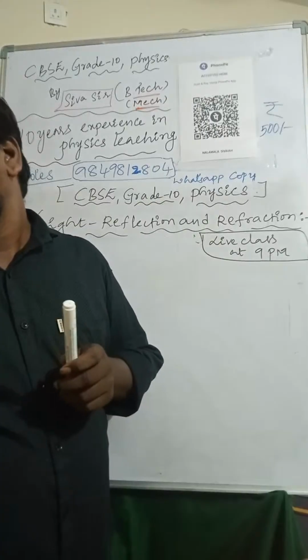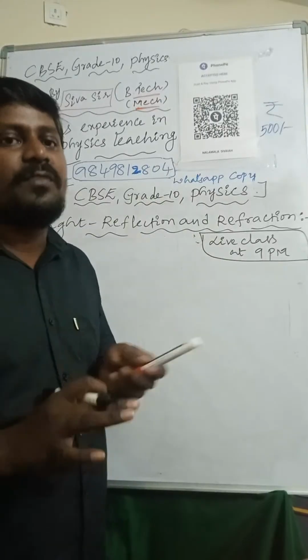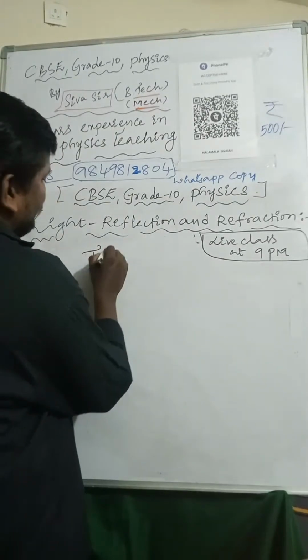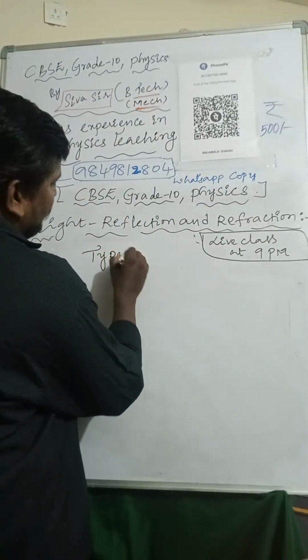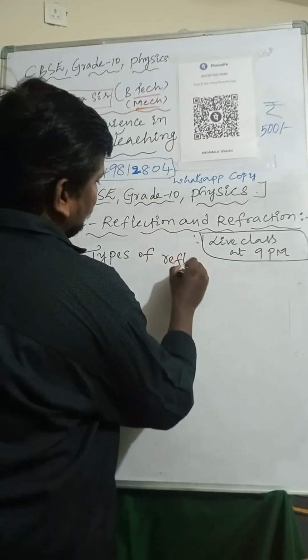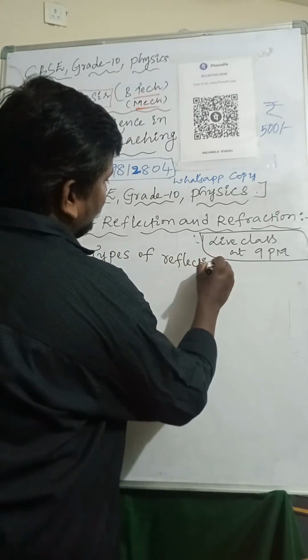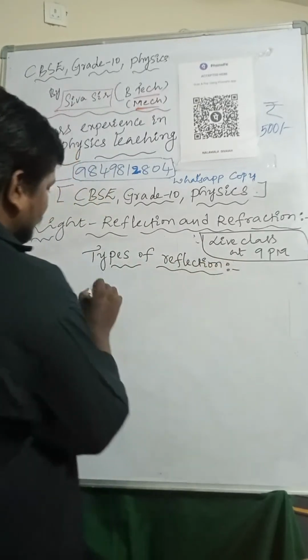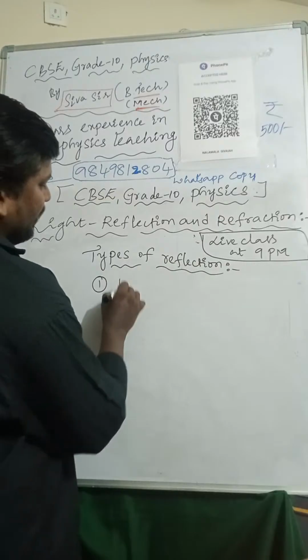Coming to the next one, types of reflection. There are two types of reflection. One is regular reflection.